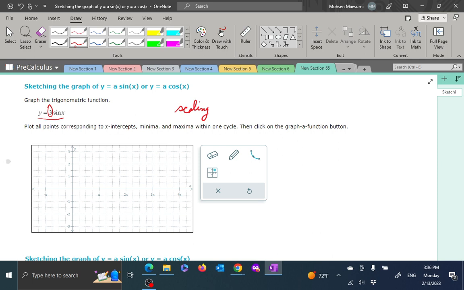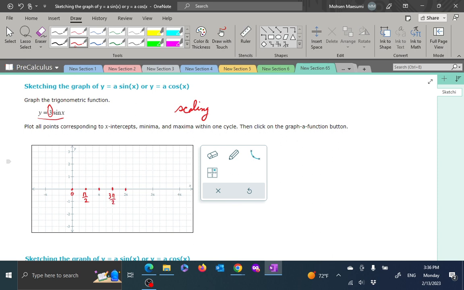So we said these 5 points are the significant points for us. 0, pi over 2, this is pi, 3 pi over 2, and 2 pi.